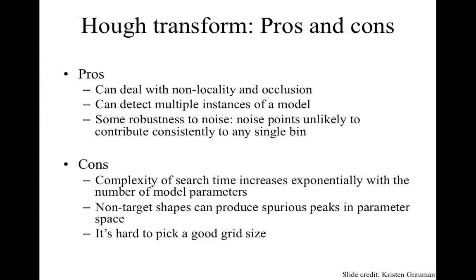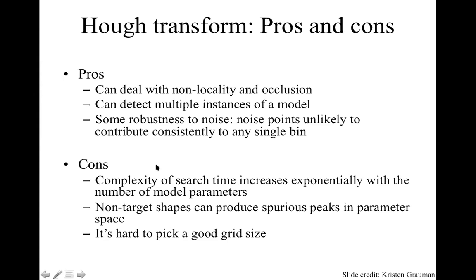You can also detect multiple instances of a model, and of course you have some robustness to noise, because noisy edges that should not be in the image will vote for some hypotheses that will be inconsistent. The basic idea is that these inconsistent hypotheses will cast just a very small number of votes.